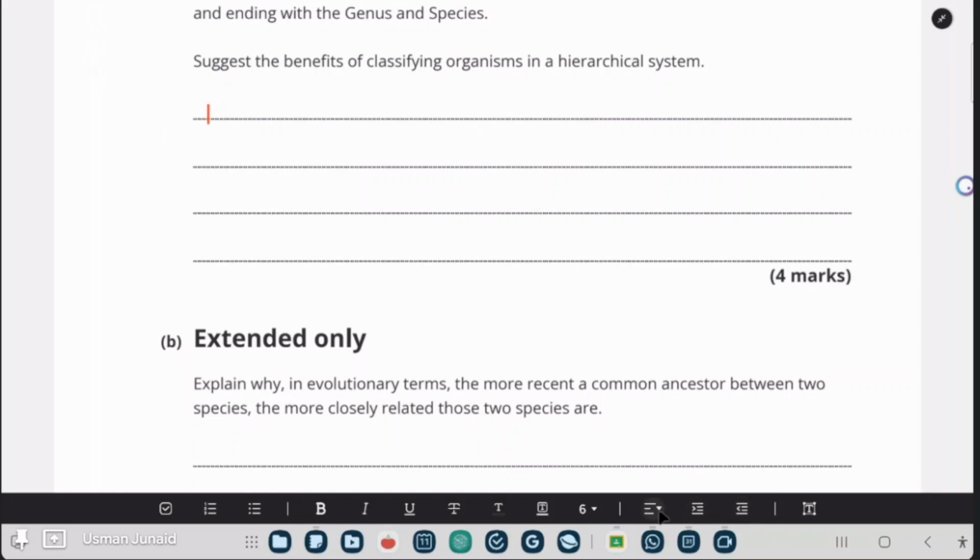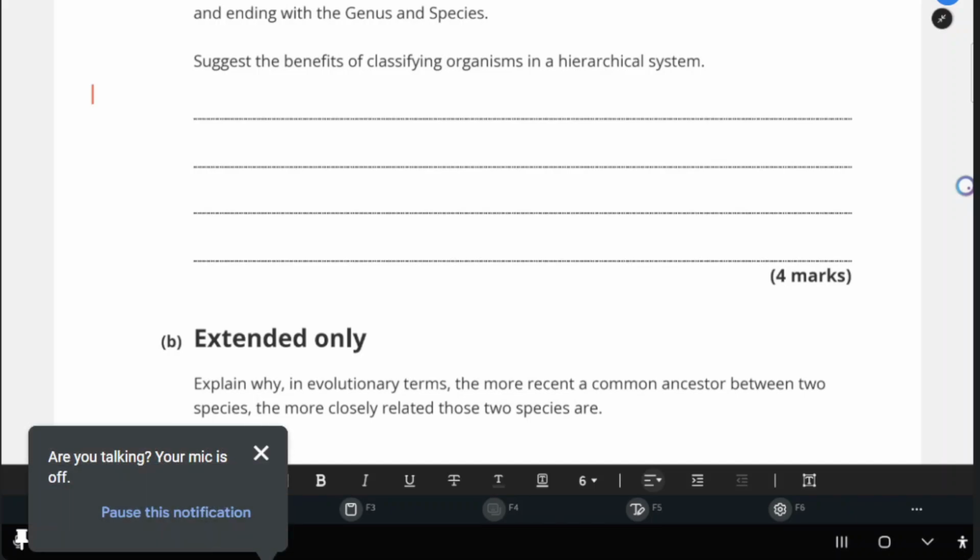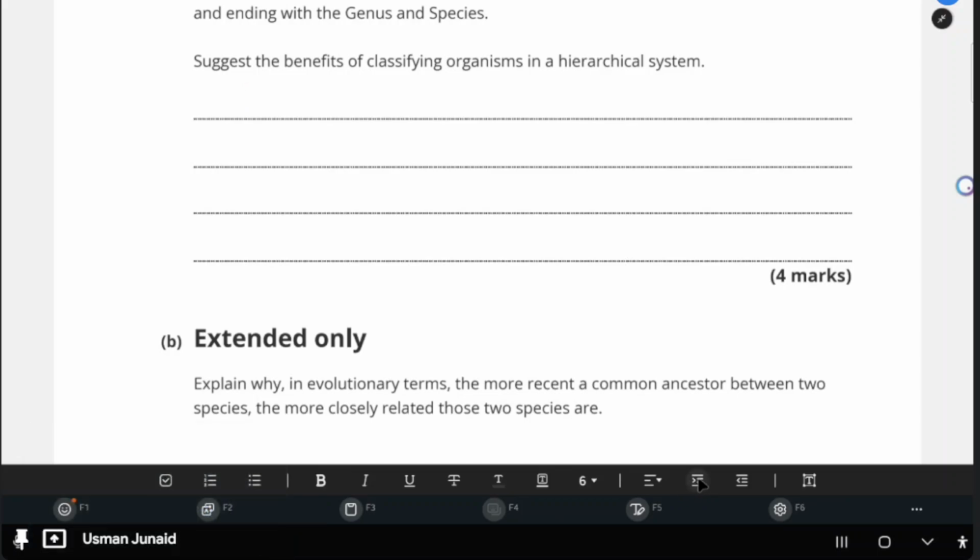So what does hierarchical system mean? We group these animals, right? So what benefit does that have? Should we do that? Should we not do that? Why do we do that?